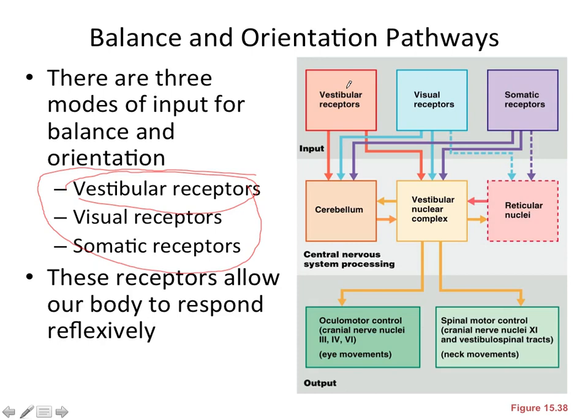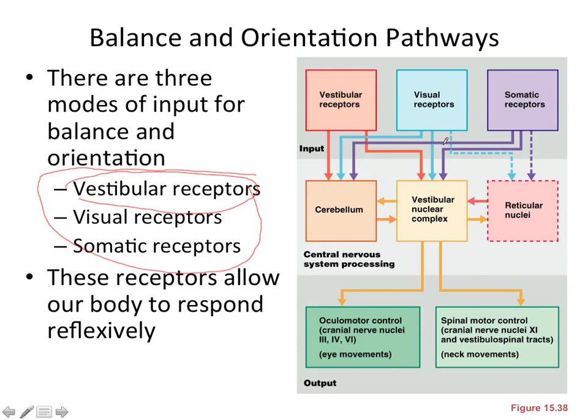The vestibule will send this information to the cerebellum, because the cerebellum maintains our body position and movement. Since we are falling, our eyes will see that our body is falling, so the visual information will be transferred to the brain, especially to the cerebellum.